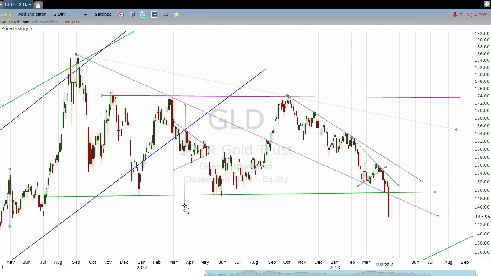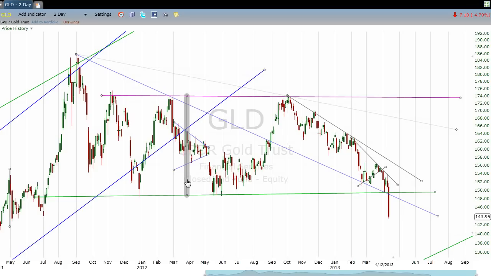Let's just do that for the heck of it, because really what we've seen for the past more than a year and a half has been trading that's been constrained in GLD between about 174 and roughly 150.